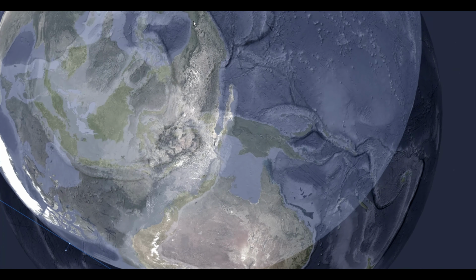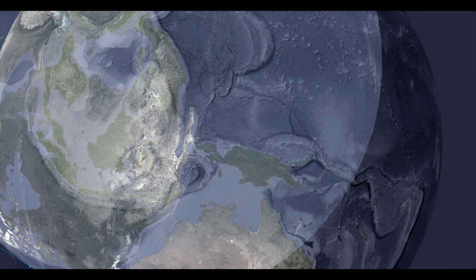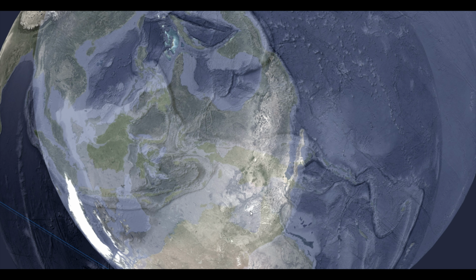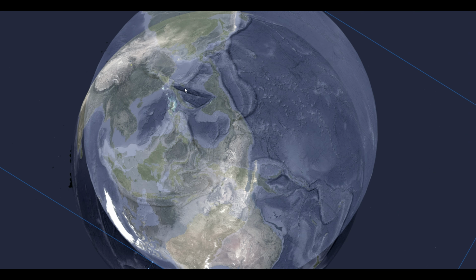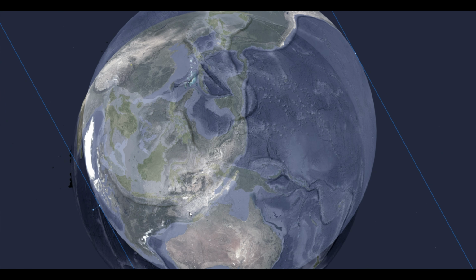And look what else is going to line up. Remember Yellowstone Park, the Grand Canyon, the California Basin? Well, as I continue to rotate this more, guess who lines up again?